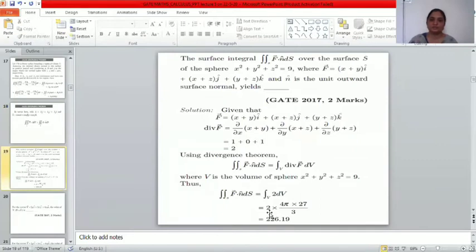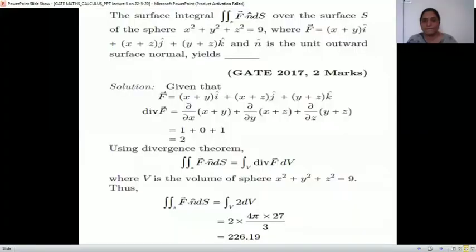Okay, question. The surface integral, double integration of F bar dot n cap dS over the surface of the sphere x square plus y square plus z square equals 9, where F bar is (x plus y) i bar plus (x plus z) j bar plus (y plus z) k bar, and n cap is the unit outward surface normal, gives you the answer.